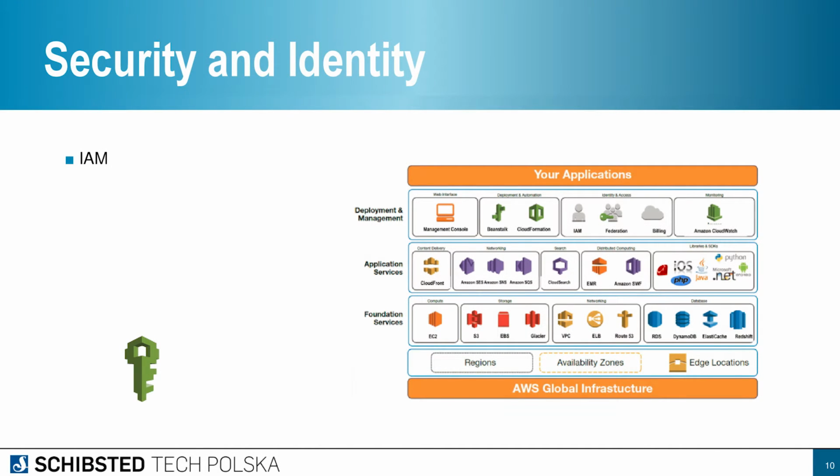Security and access management. There is a service called IAM. It's a global service. It allows you to define permissions of end users which have access to your Amazon resources. I will discuss more about IAM in the next presentation.